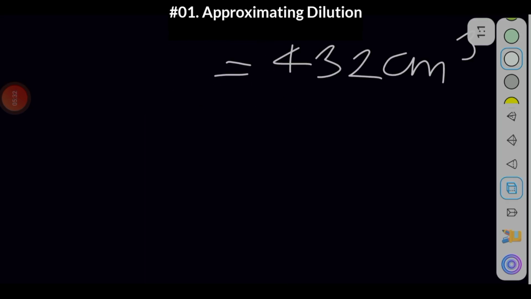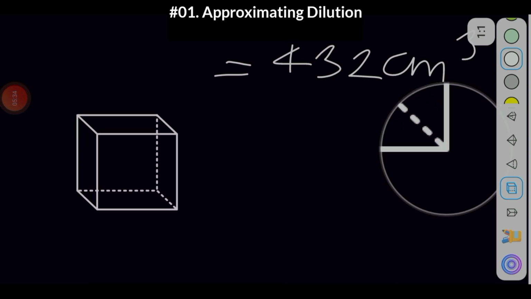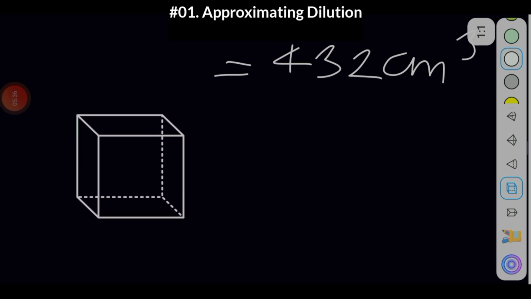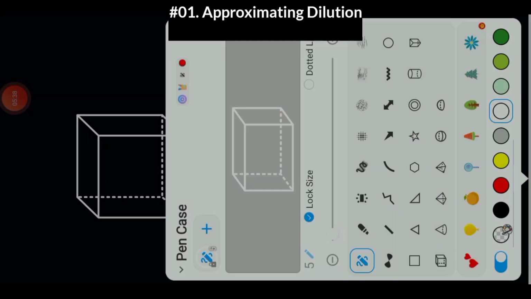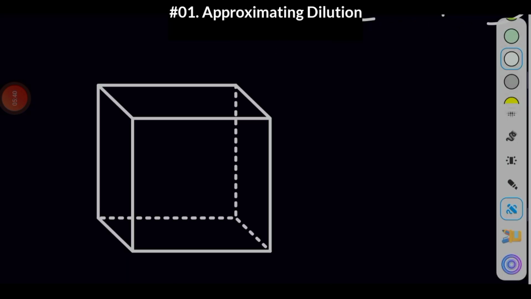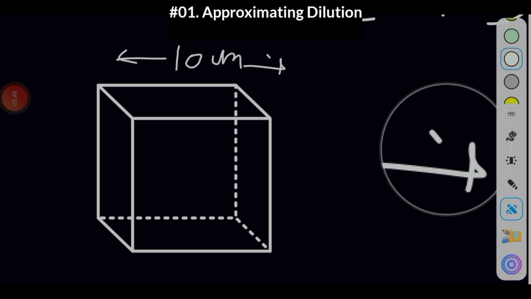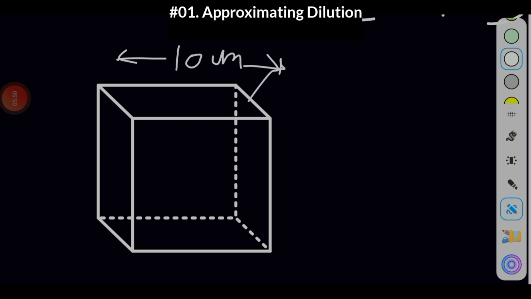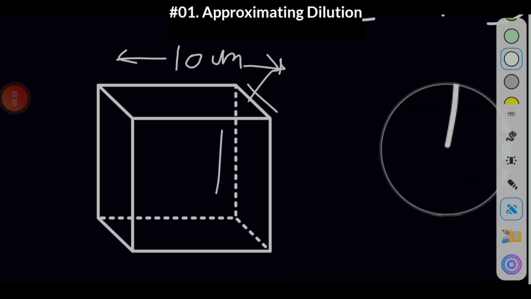Assume that you have a hollow cube, and the side of this hollow cube is equal to 10 centimeter. So this is 10 centimeter, this is 10 centimeter, this is 10 centimeter.